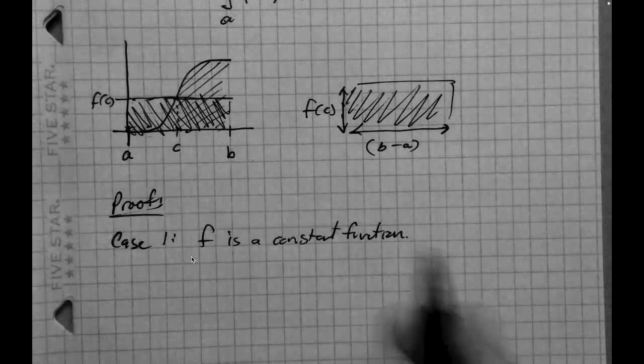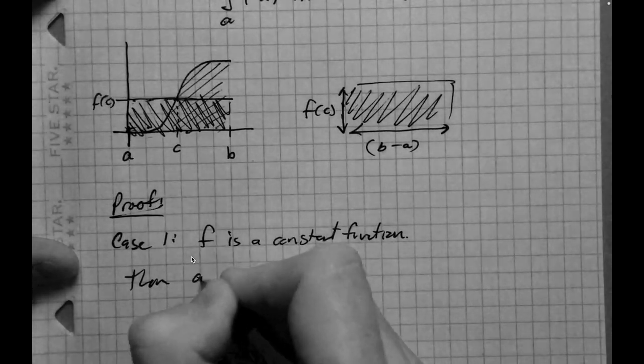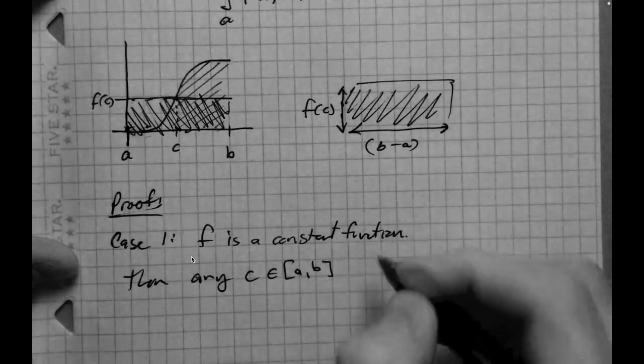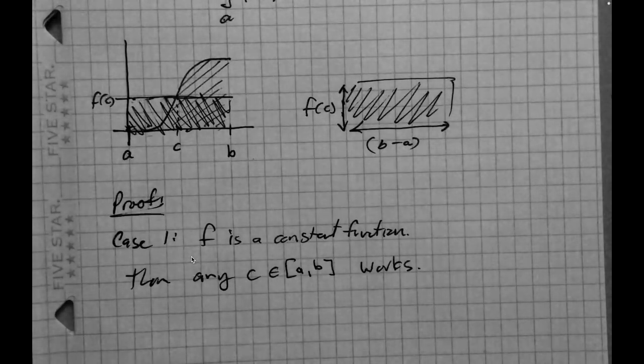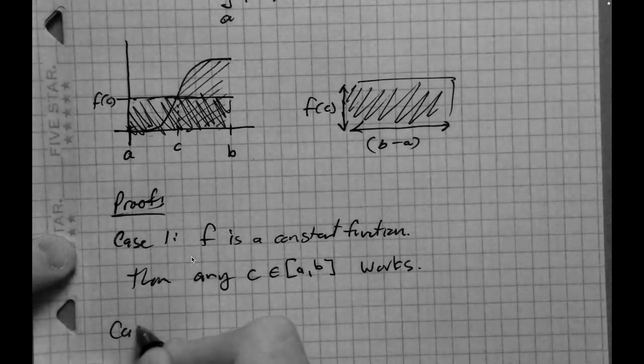If f is a constant function, then any c in the interval a to b works, and gives you the same area as the area under the constant function f. Hopefully that's kind of obvious. Okay, so let's look at the other case.